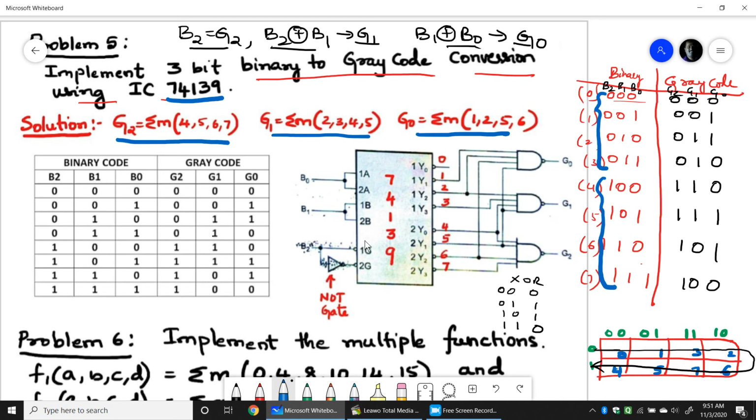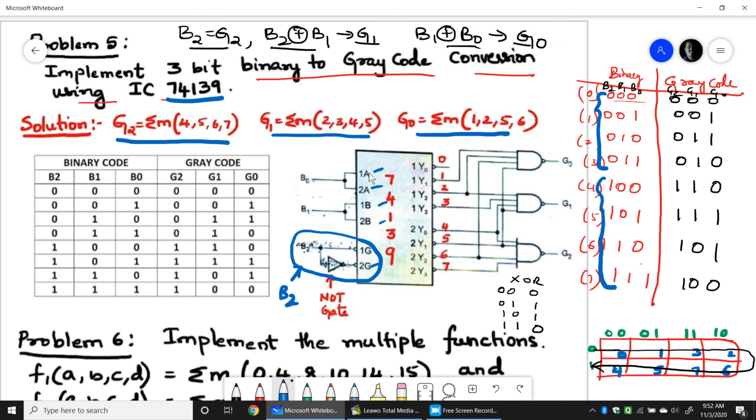So this whole thing creates B2, because it is 0 0 0 0 for the first 4 and 1 1 1 1 for the next 4. 1G will select 1A and 1B, and 2G will select 2A and 2B.